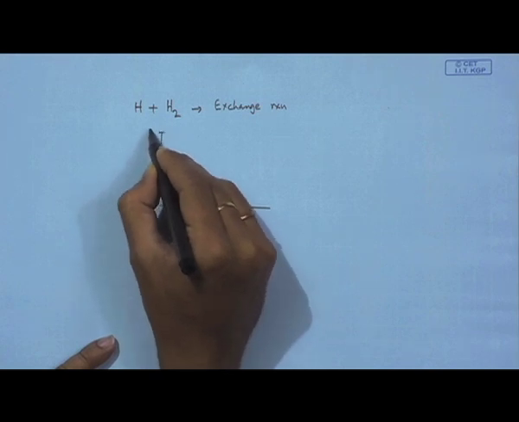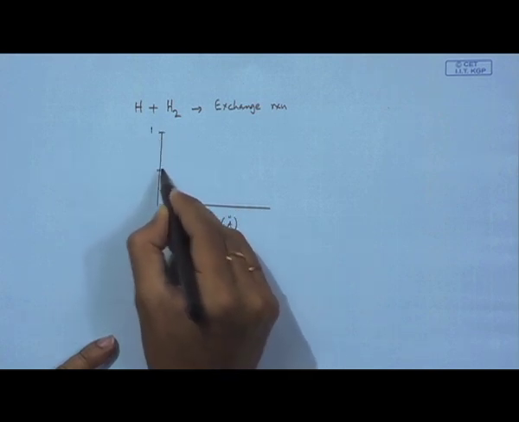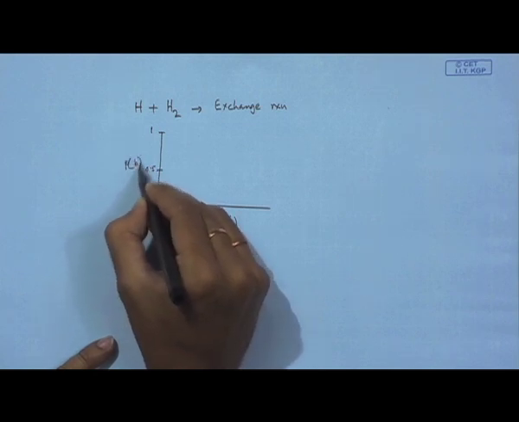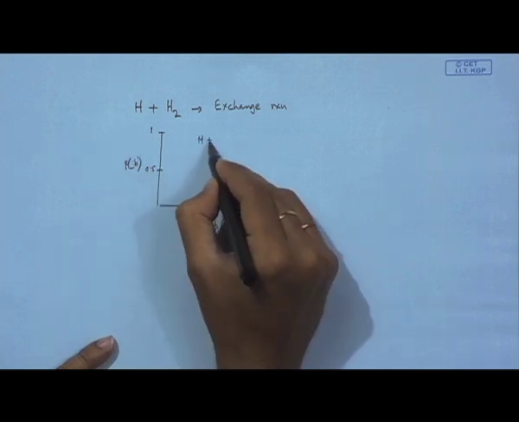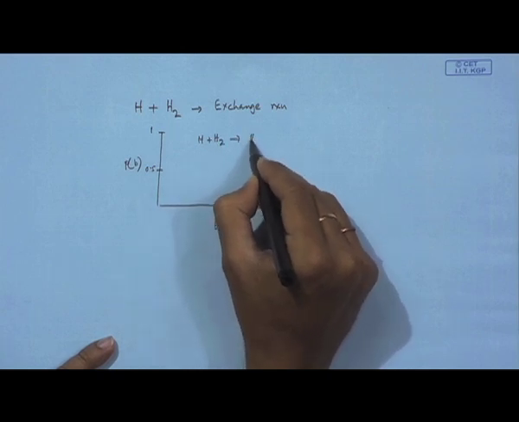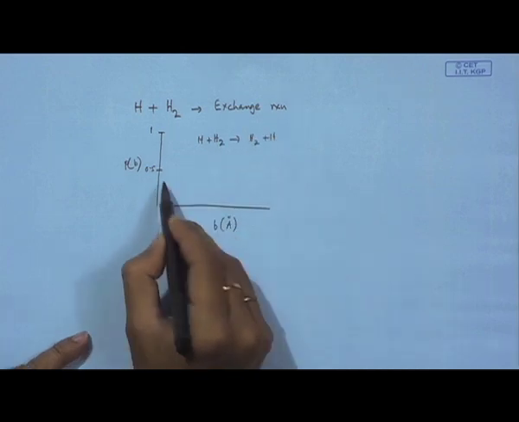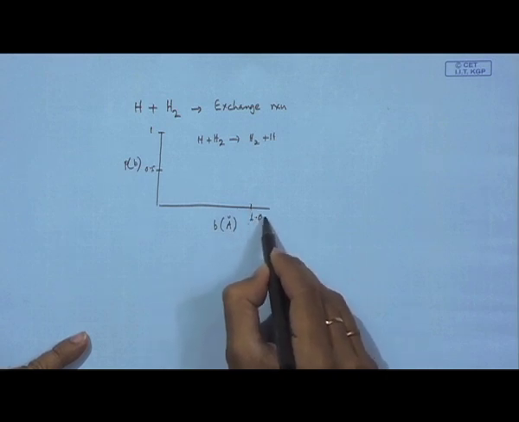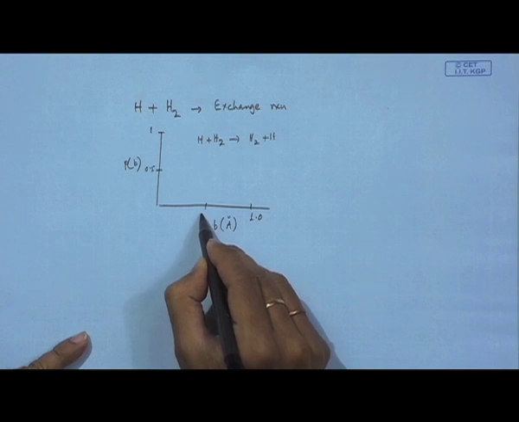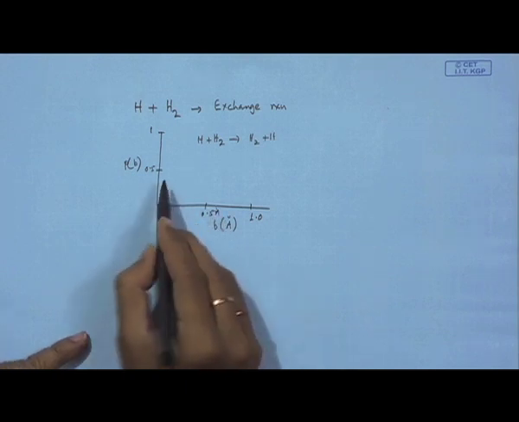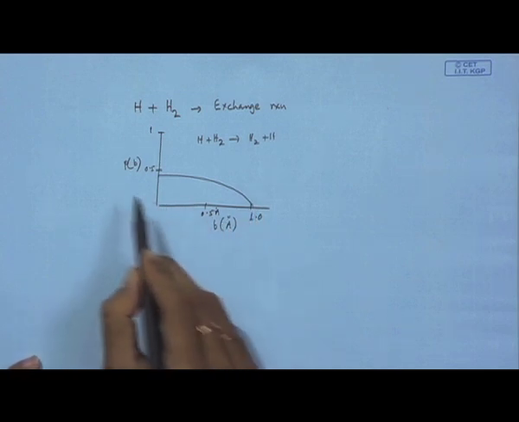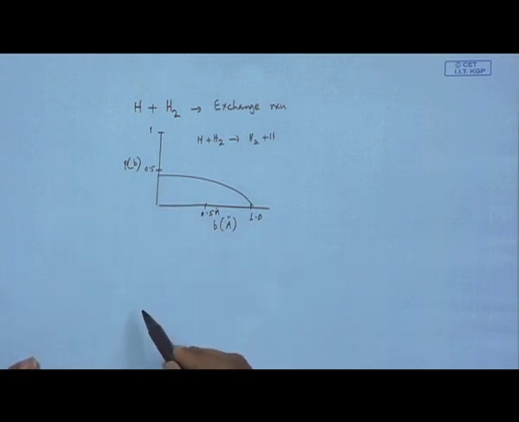That value is 1, this is about half, this is Pb, for the H plus H2 reaction, and say its value is 1 angstrom. So, this is 0.5 angstrom. So, this type of curve has been used.